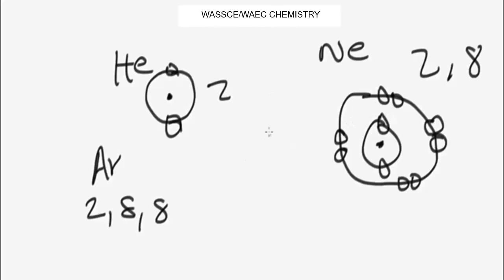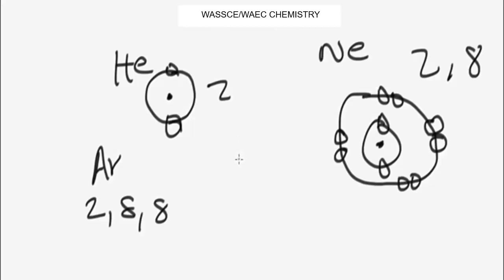So the noble gases don't react much, because their atomic shell is completely filled with electrons. They don't need to lose or gain electrons in order to achieve stability.